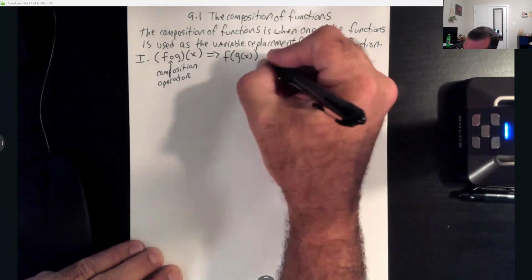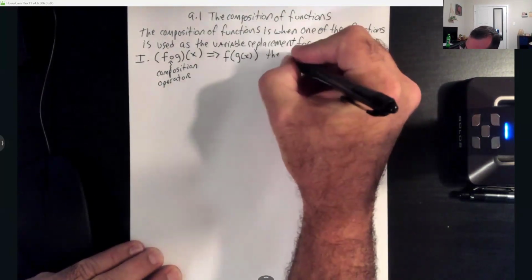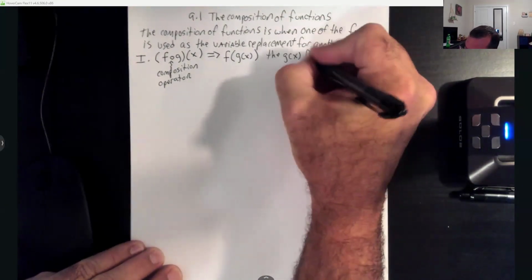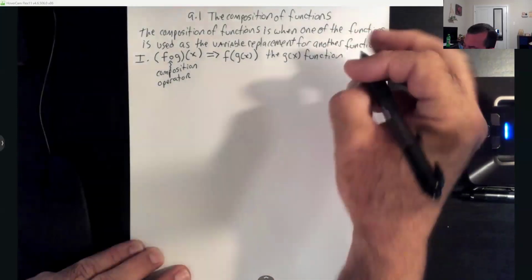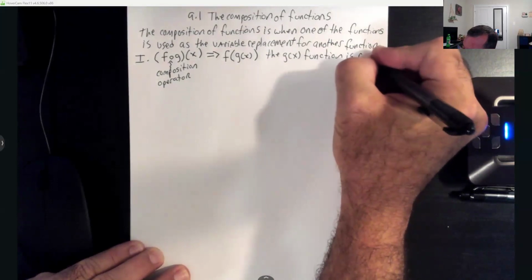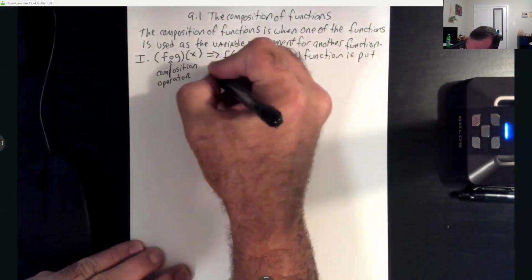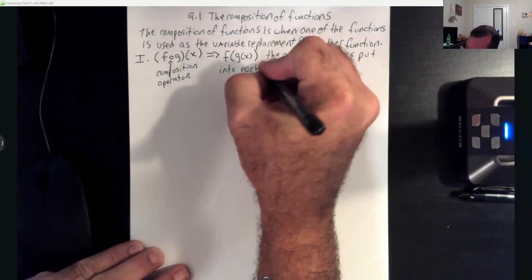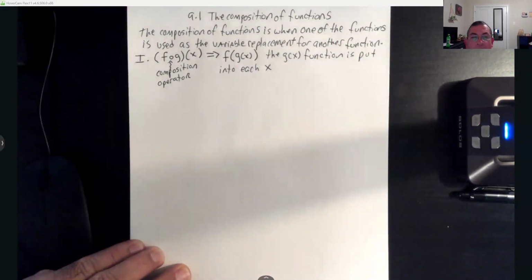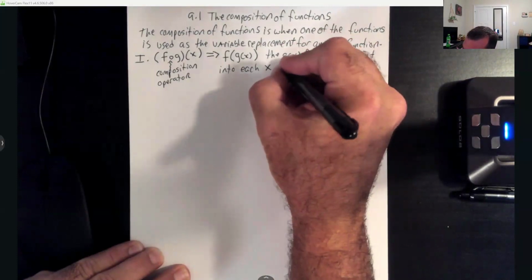Okay. So this means the G of X function is put into each X for the F of X function.